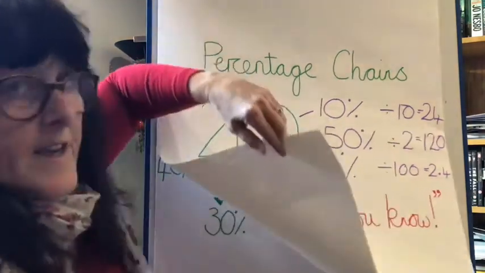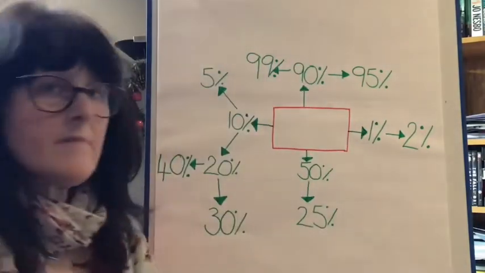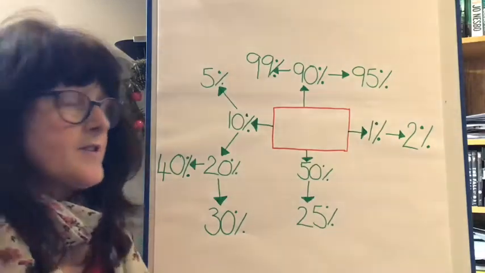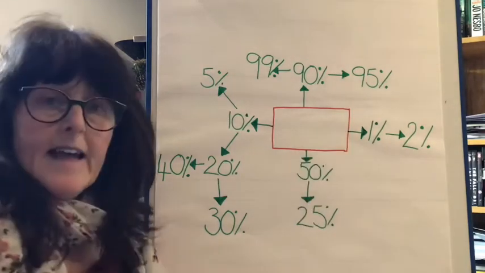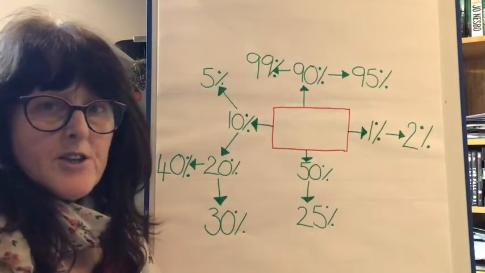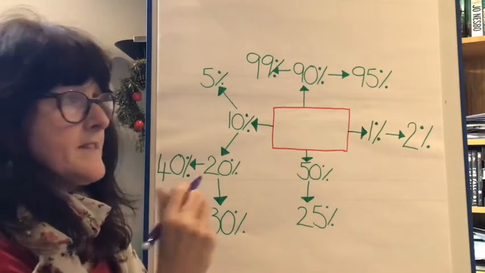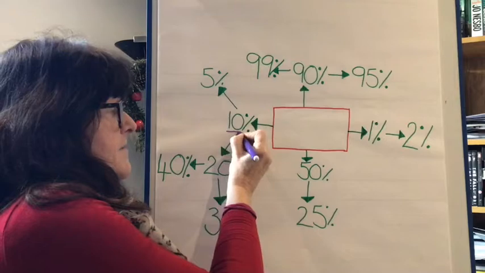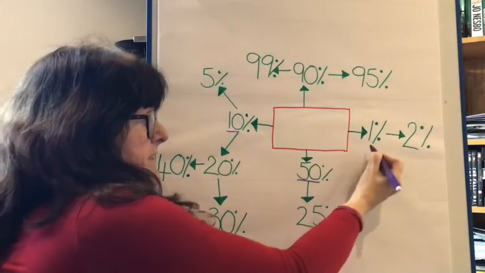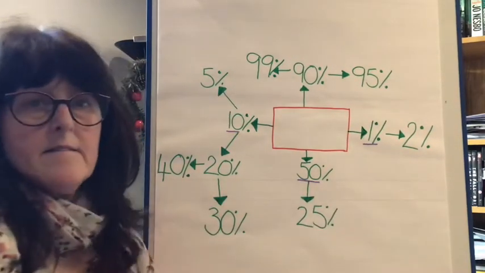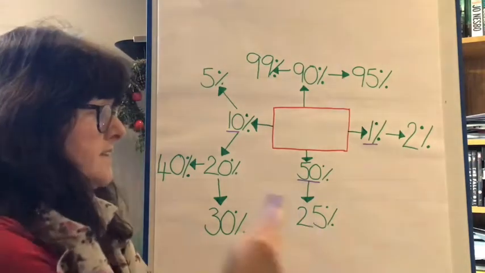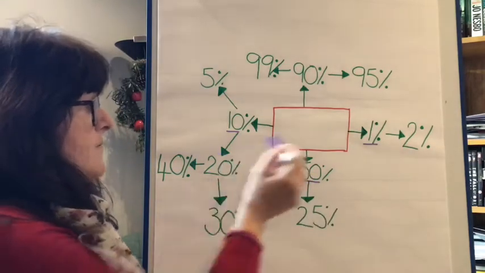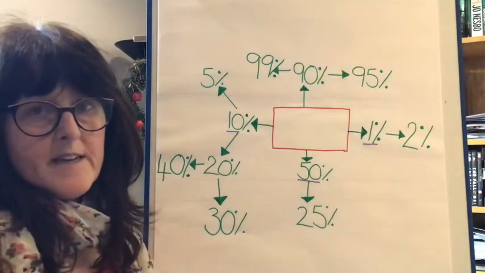So, you need a pen and a piece of paper. I'm going to put a number in the middle here. Okay, and the first three percentages, or the basic percentages you need to find are the 10%, the 50% and the 1%. And once you've found those, you can use your answers to work out all the other percentages.